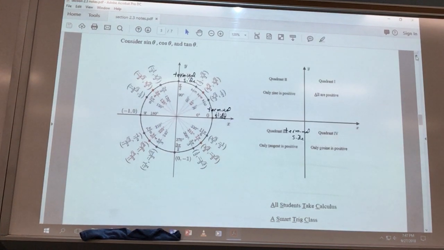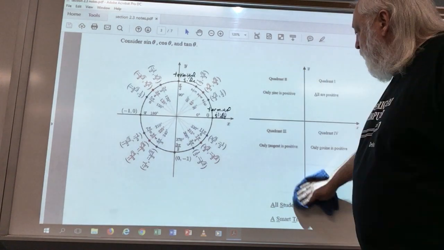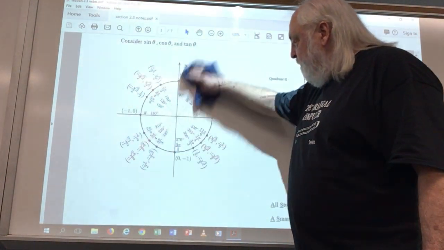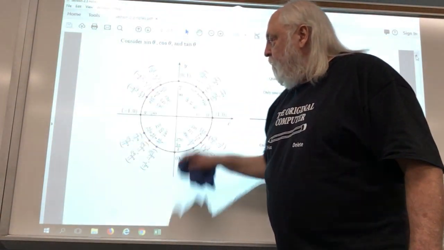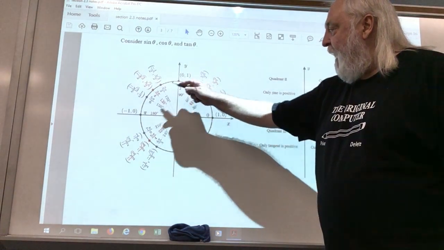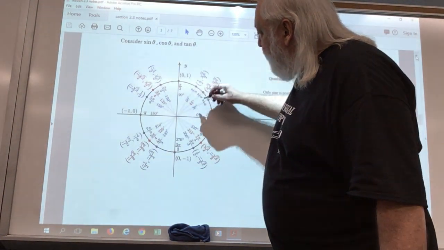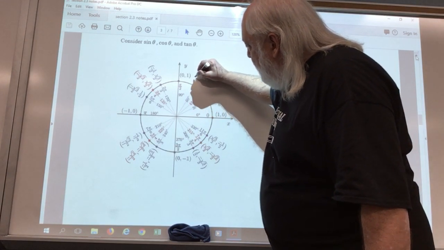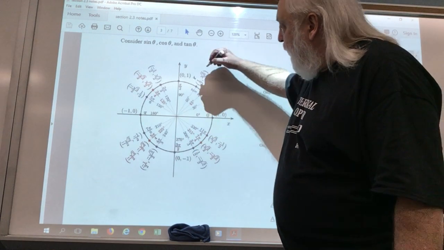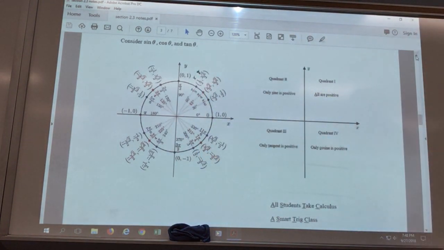And to determine whether these trigonometric functions are positive or negative for a given angle in a quadrant, we're going to reference the unit circle. Okay? And remember, for every angle in the unit circle, the value of the cosine function is the first coordinate on the unit circle, and the value of the sine function is the second coordinate, the y coordinate.